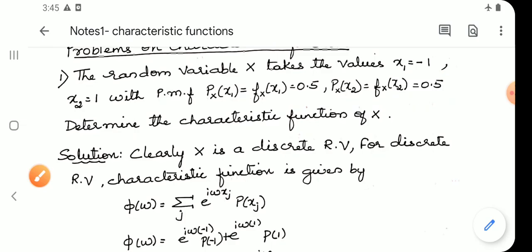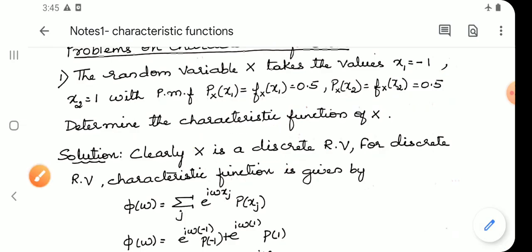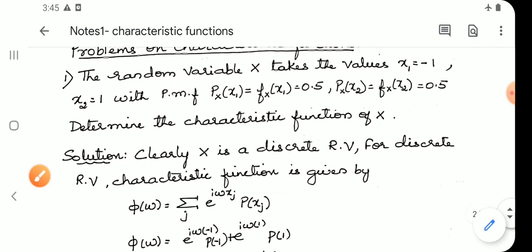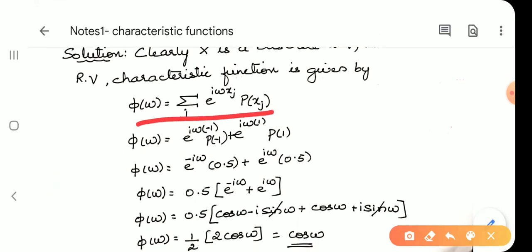If we clearly read the problem, we can see that the given x is a discrete random variable. For the discrete random variable, characteristic function is given by the formula phi of omega is equal to summation e power I omega into xj into p of xj.